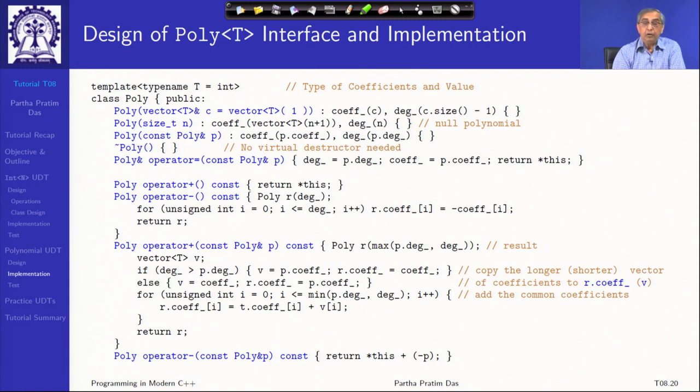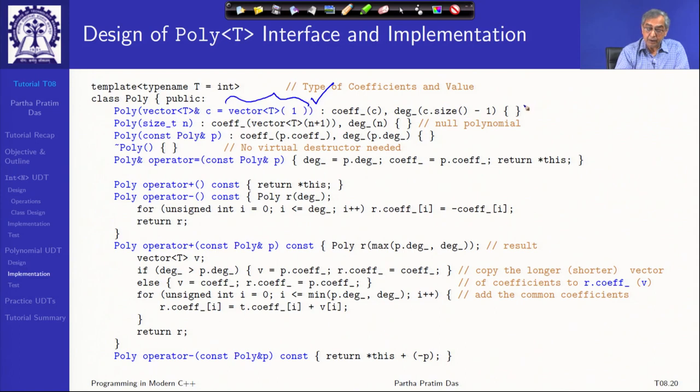So, what is the UDT that we have? I have a polynomial constructor which takes a vector of coefficients and builds the polynomial. By default, it takes a vector having a single value 1. So, by default you can have a polynomial having just a constant 1.